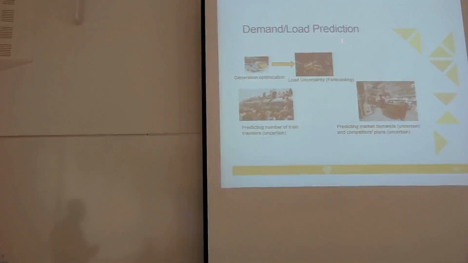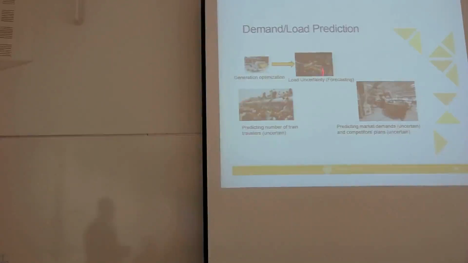Demand and load prediction is also one of the important applications for machine learning. For example, in electrical networks, we always need some prediction or forecasting for the load, which is actually uncertain, but it depends on many factors, like for example the weather and some other factors.